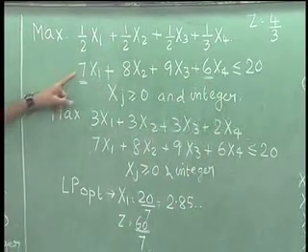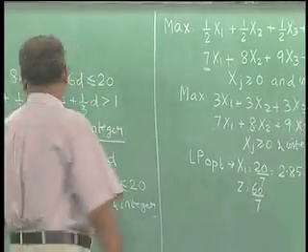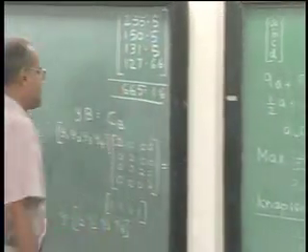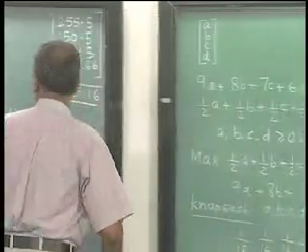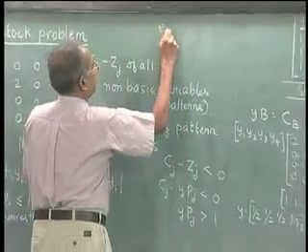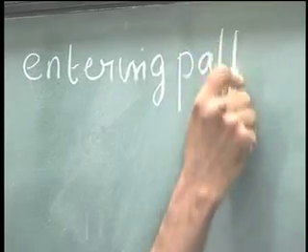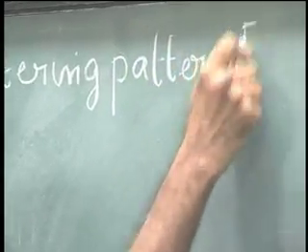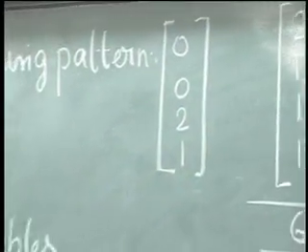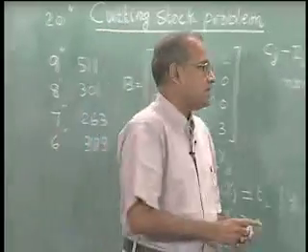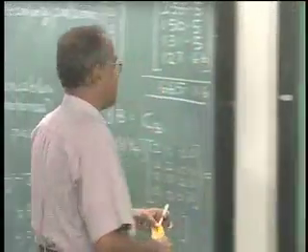Therefore, this pattern has 2 of 7 and 1 of 6 which can enter the basis, and corresponding to the notation that we have used, the entering pattern is 0, 0, 2, 1 because it contains 2 of 7 and 1 of 6. So, we have now found out the entering pattern, and therefore, we now next need to find out the leaving pattern.